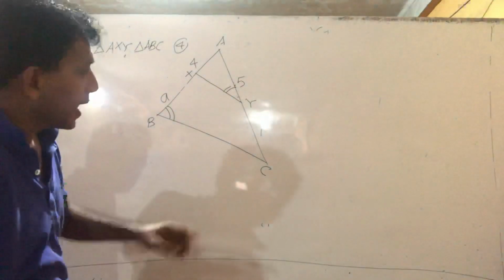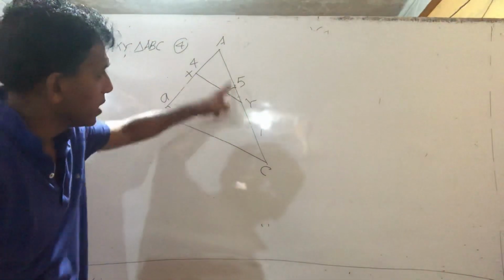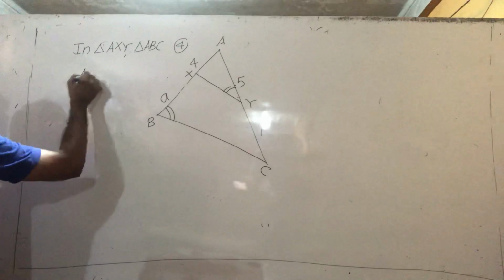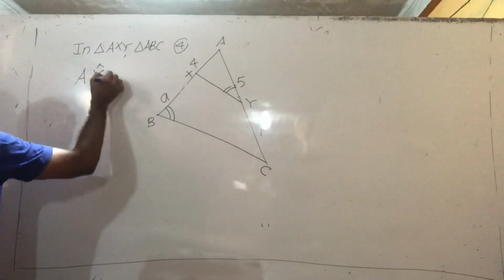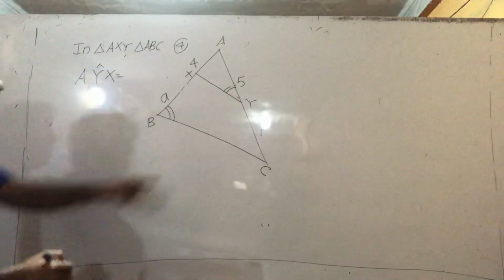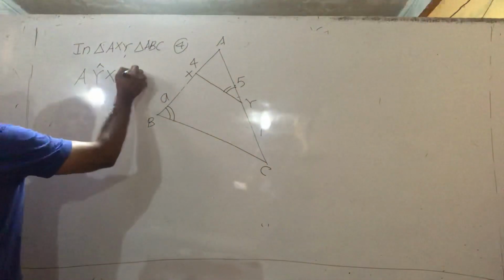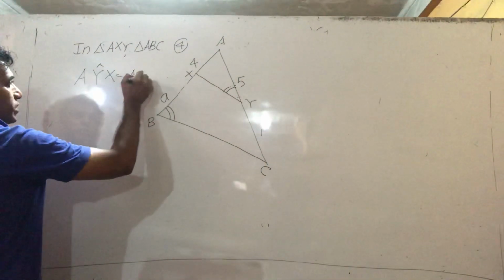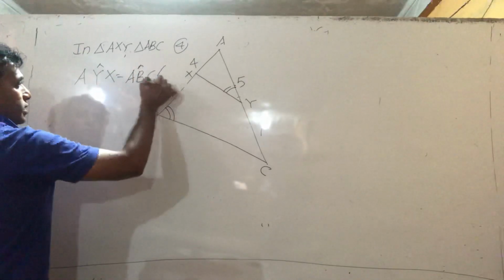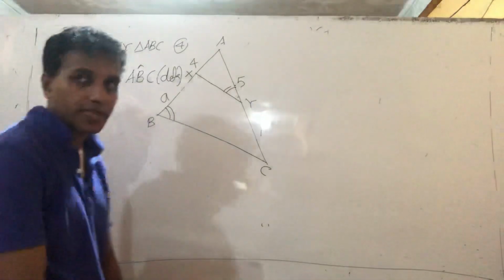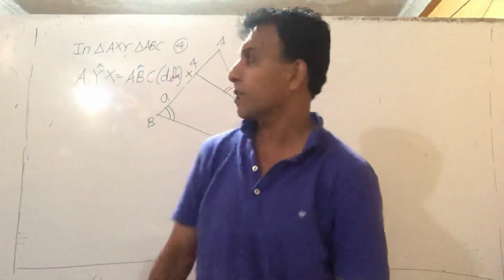First I write the angle they marked, the data: this angle AYX equals this one, what is the name? ABC, right? ABC. Reason: geometry reasons are important. Data, that data is given, right?